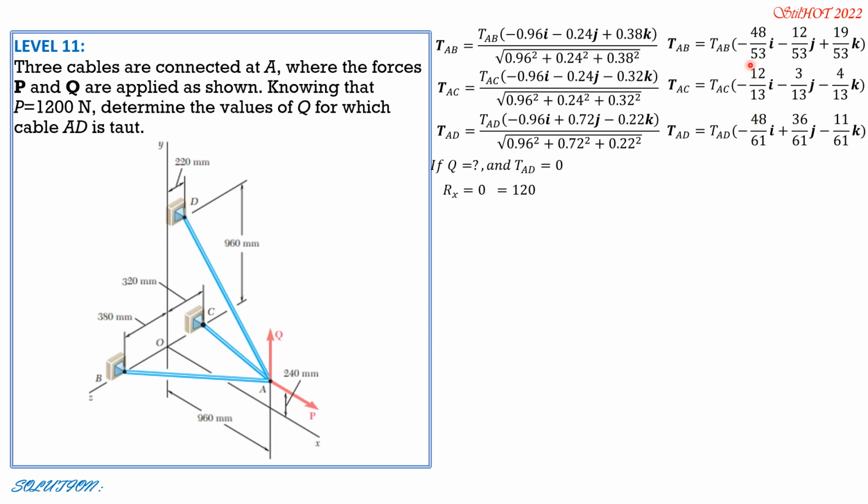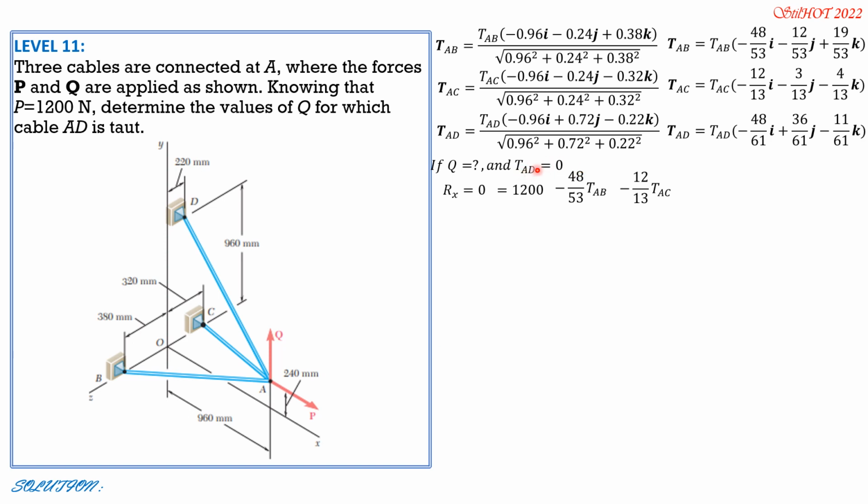So it is negative 48 over 53 tension AB, or P, which is, let's begin with the positive value P, which is 1,200, then minus 48 over 53 tension AB, then minus 12 over 13 tension AC. Then tension AD is not involved because that's part of the analysis.